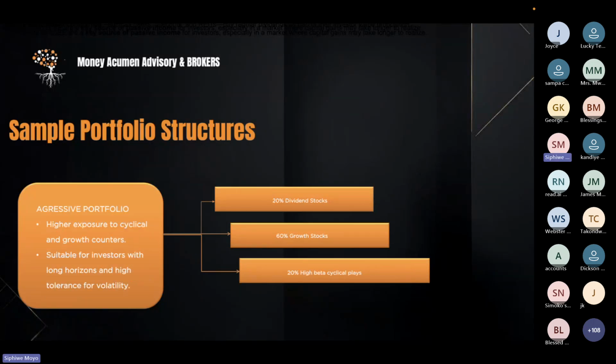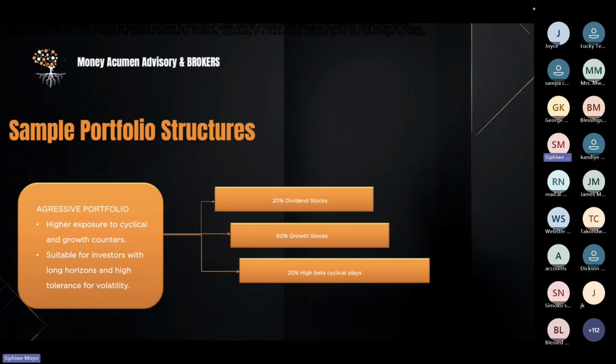Okay, and then the aggressive portfolio. So this one is really higher exposure to cyclical and growth counters. So this is suitable for investors with long horizons and a higher tolerance for volatility. So those ones that are investing for long term, not medium, not short, but long term, and have a higher risk tolerance.